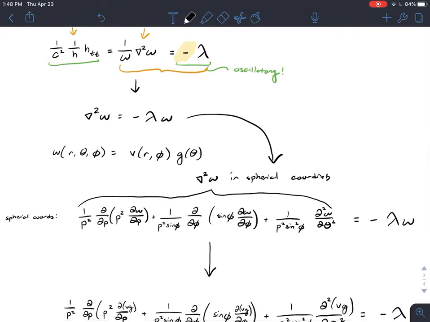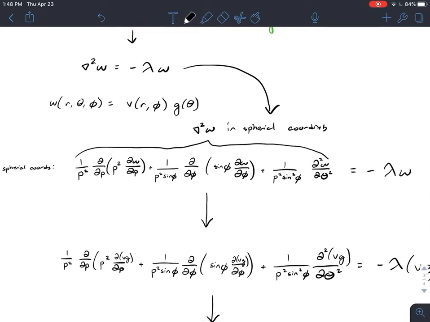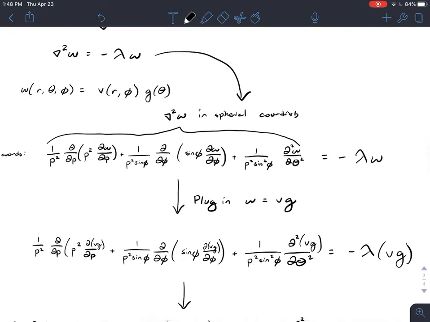And we know that's going to be equal to negative lambda w because that's what we separated out. And then I'm going to plug in the product solution definition. So plug in w is equal to v times g. And all I did was plug in v times g across the board, right? So here, here, here, here. Cool.